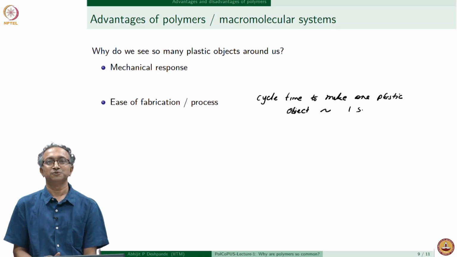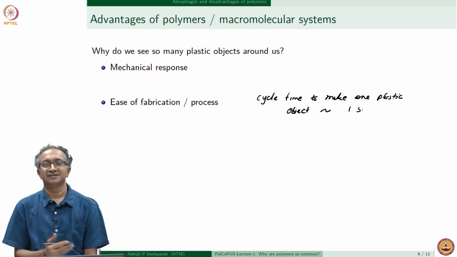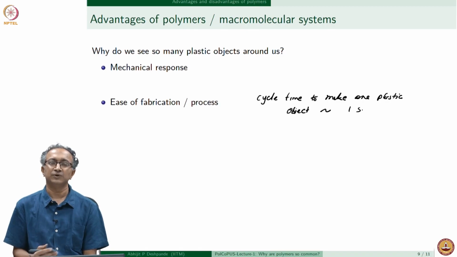The reason it's easy to make these polymers into such complex shapes in a very short amount of time is that you can have them liquid-like and then make them solid-like, and all of this can be done at temperatures and pressures which are not very high. So ease of fabrication is a very key aspect of having these polymers made into several complex shapes, which also eliminates assembly of parts.